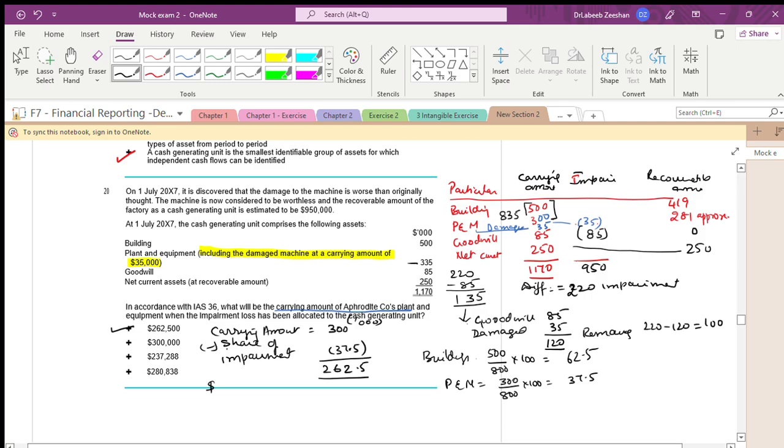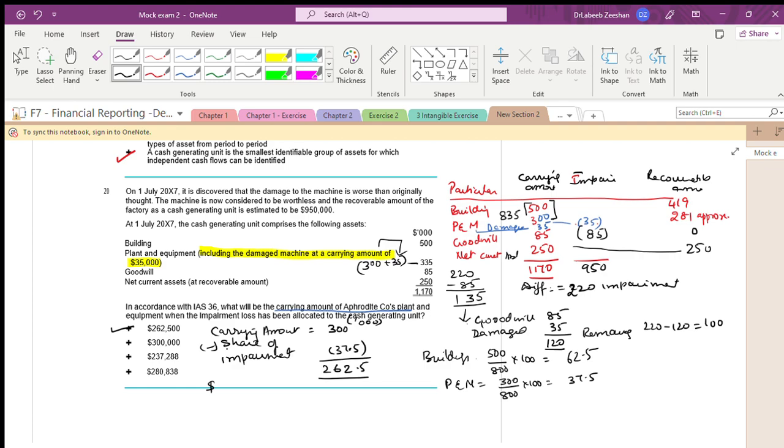In this 335, you have 300 plus 35. This 35 belongs to the damaged machine. Goodwill is there. Net current assets is there. Net current assets amount will never change. Goodwill will totally go off. One has been damaged, it is worthless. 35.